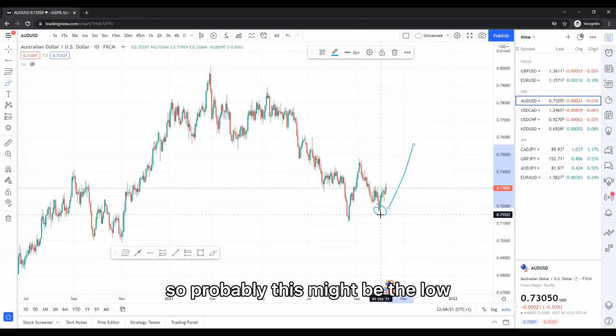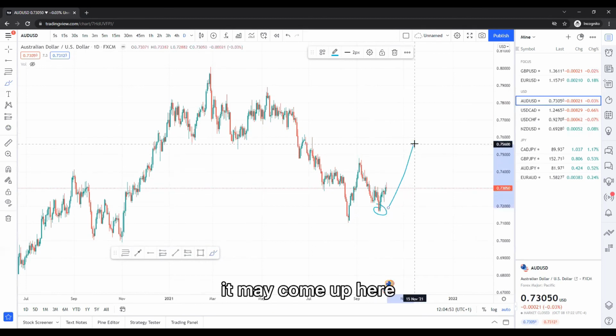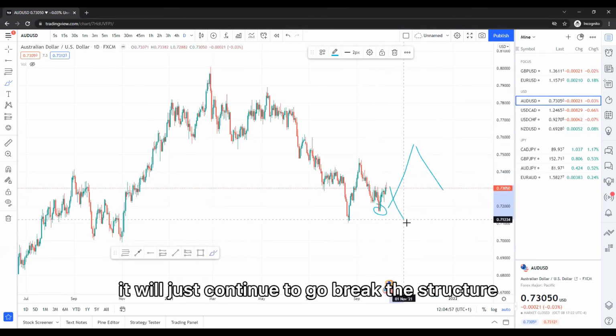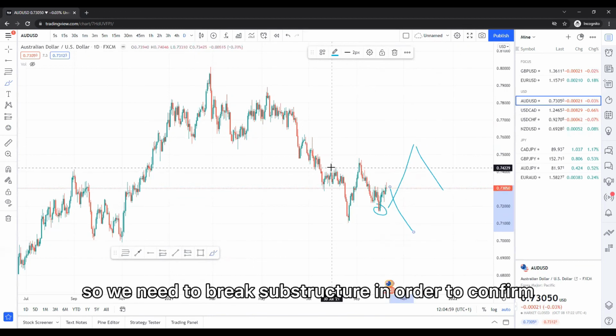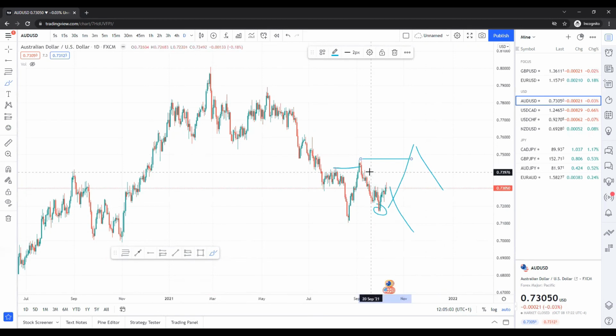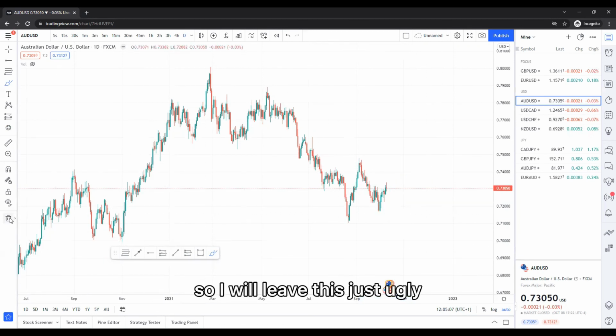So probably this might be the low, and it may come up here, or it will just continue to break the structure. We need two breaks of structure in order to confirm it's going bullish. So we just got one. So I will leave this, it's just ugly, and we'll move to the yens.